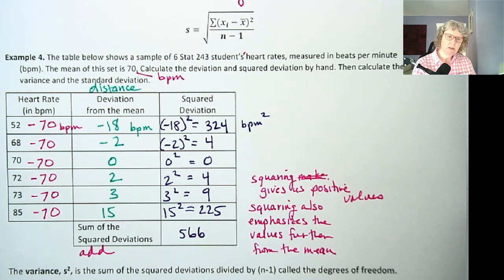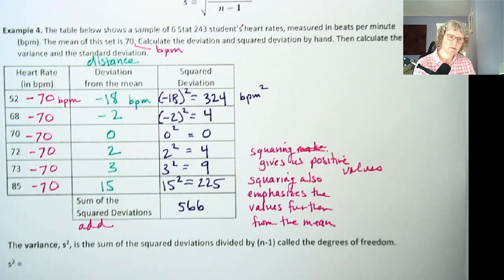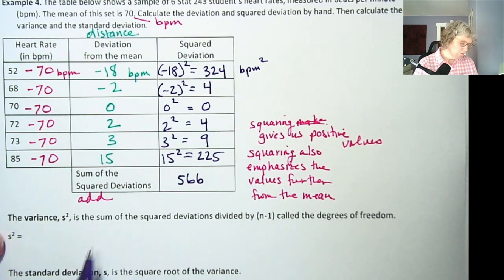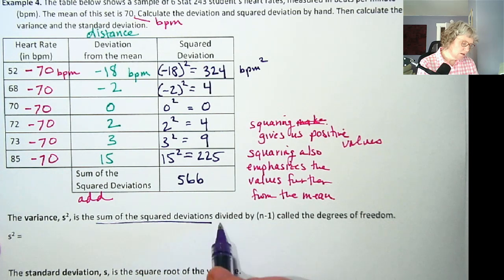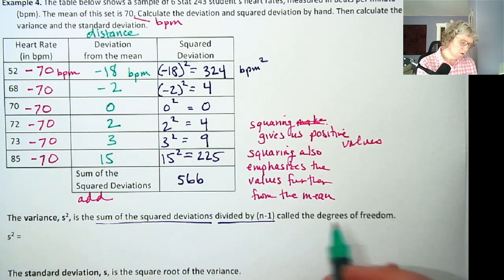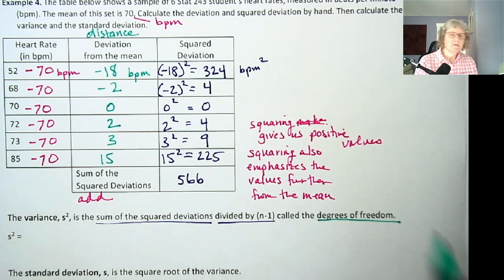Okay, I'm going to keep going and do the variance, and I'll show you how this is the formula that you see at the top of the page. The variance is called S squared, is our symbol for that. It's the sum of the squared deviations divided by n minus 1. Usually in an average we divide by n, the number of numbers we have. But there's a thing called degrees of freedom, which we did mention before in the Kiki Booba video.